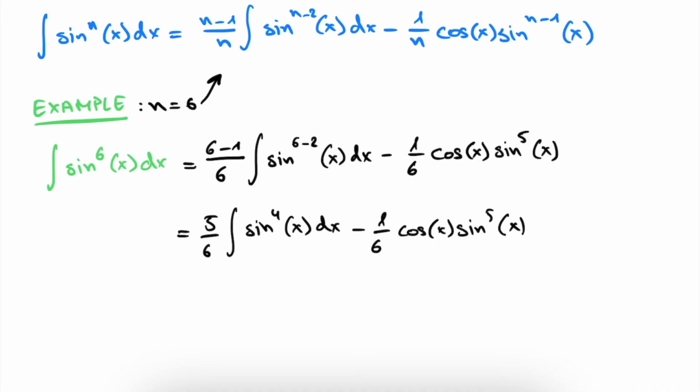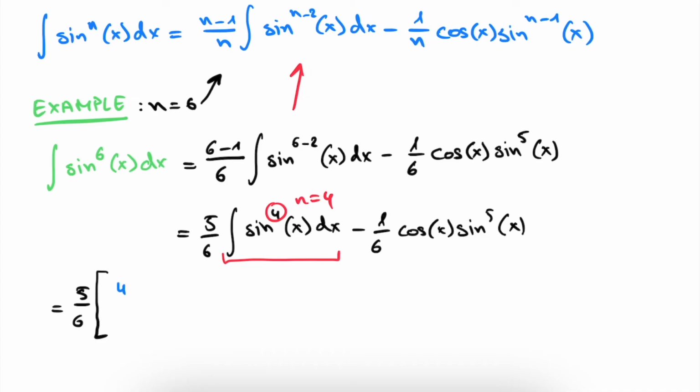But now again, we can use the formula that we found to also solve this integral. So we get 5 divided by 6 times this integral. And we see here that n is equal to 4, which can then also be filled in this formula.